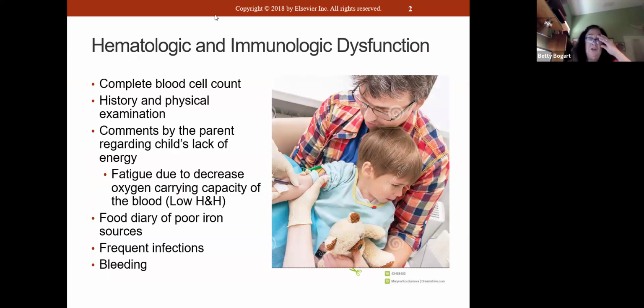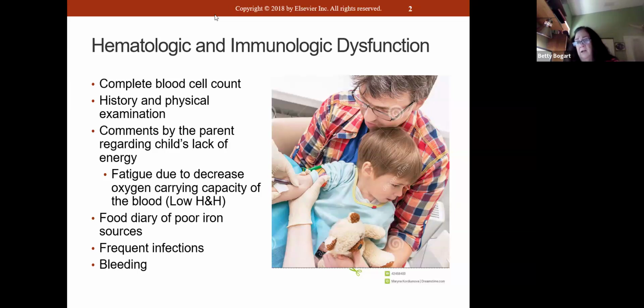Now, a CBC tells you a lot of information. White blood cells elevated, showing you have an infection. If they're normal, that means that infection is viral, and you're not going to have elevated white counts. Also, white counts can show you leukemia, right? So it can show you no white cells, and it can show you that raging infection of white blood cells.